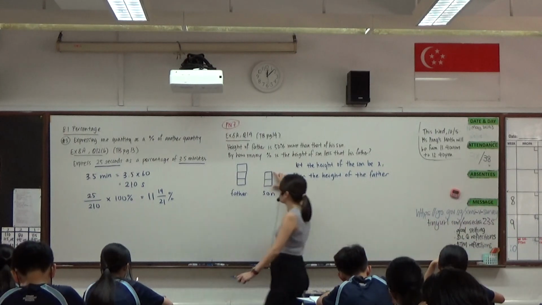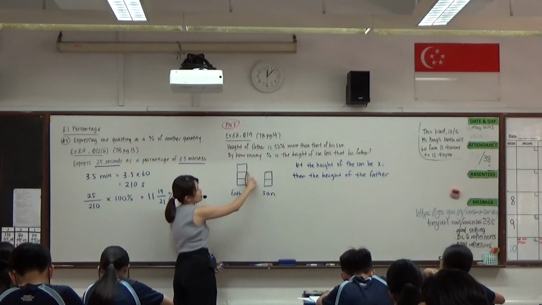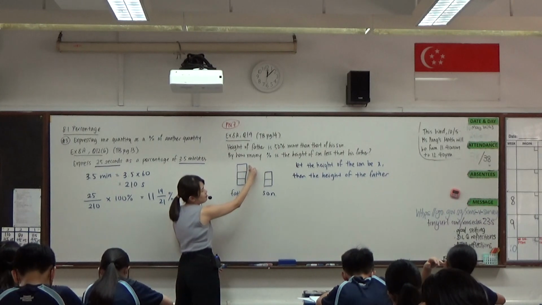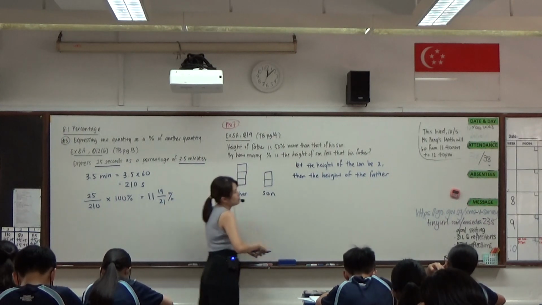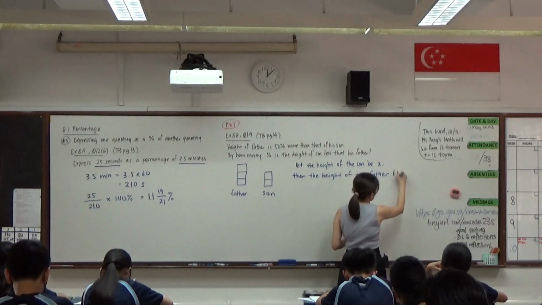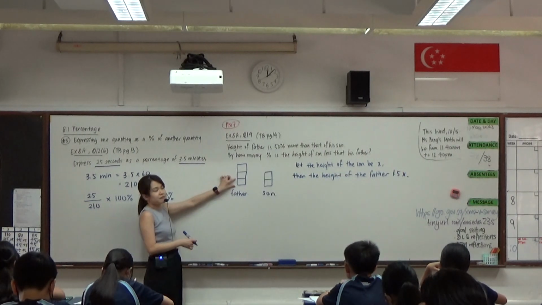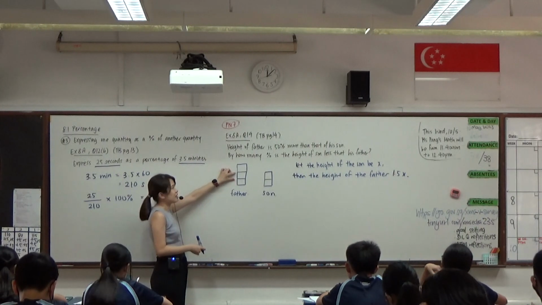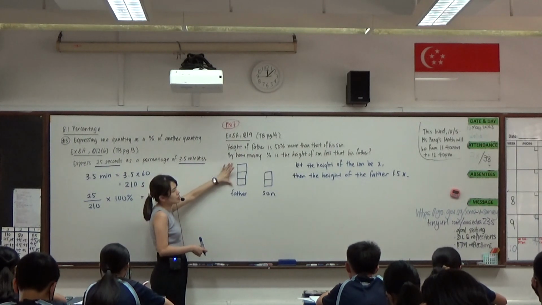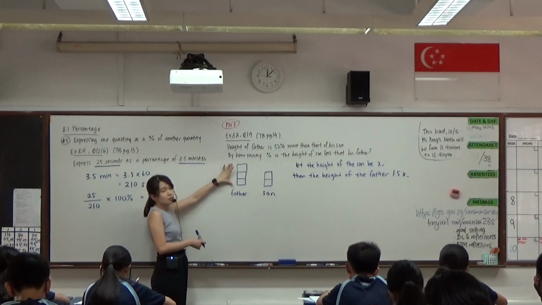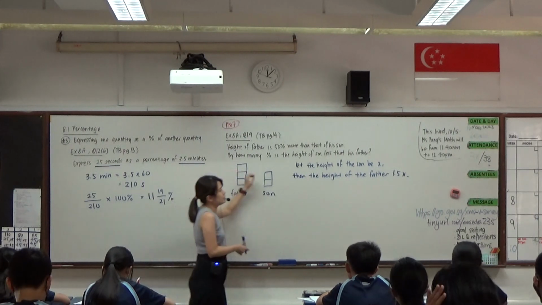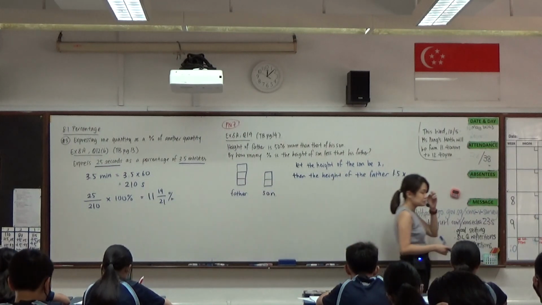If these two blocks over here are x, the father is actually half more, so that would be 1.5x. Because this size is 0.5x plus another 0.5x plus another 0.5x, in total it is 1.5x. Agree? So the height of the father is 1.5x.